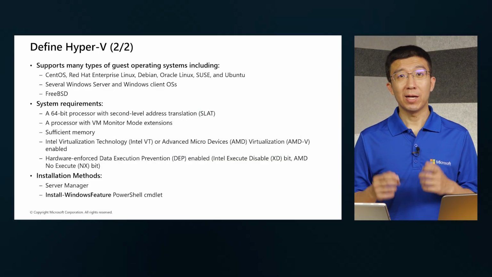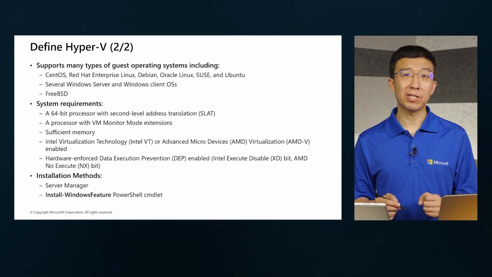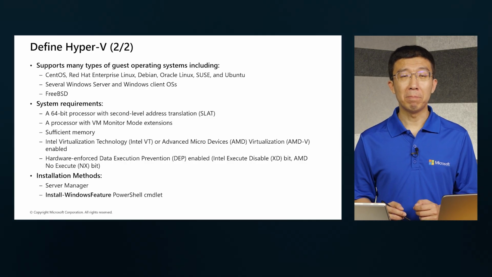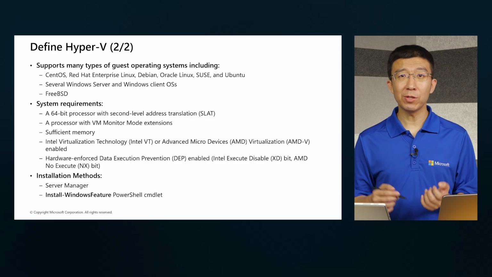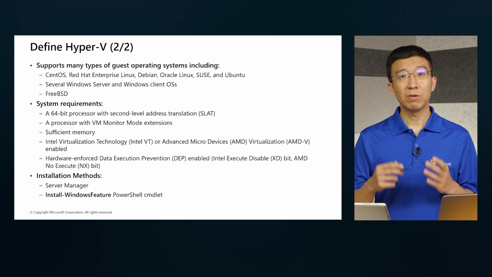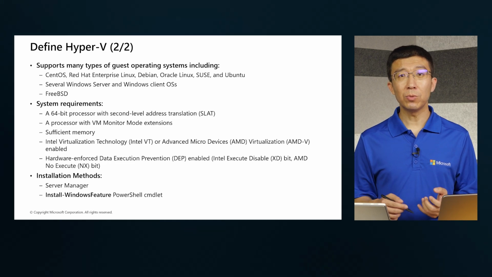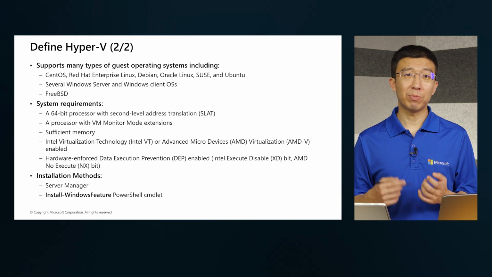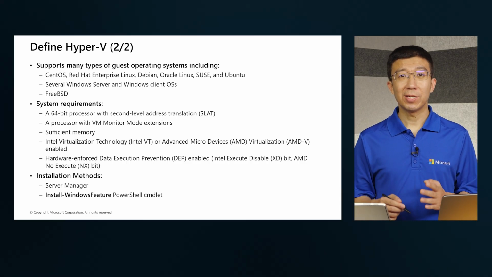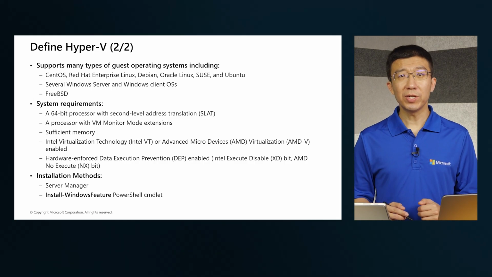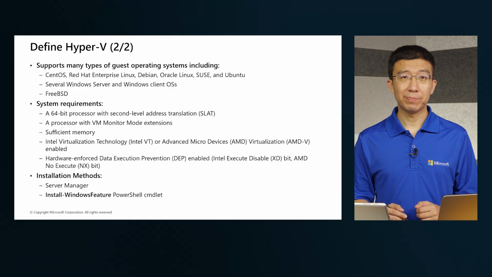Hyper-V supports a wide range of guest operating systems, including Linux distributions, multiple versions of Windows Server and Windows Client OSs, and FreeBSD. To ensure compatibility, you will need a 64-bit processor that supports second-level address translation and VM monitor mode extension.